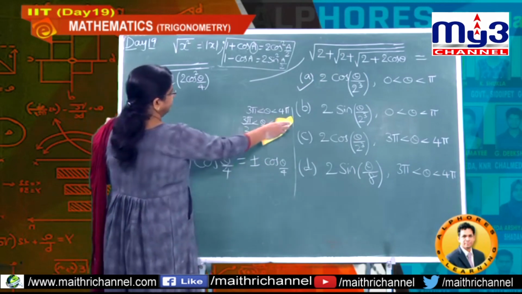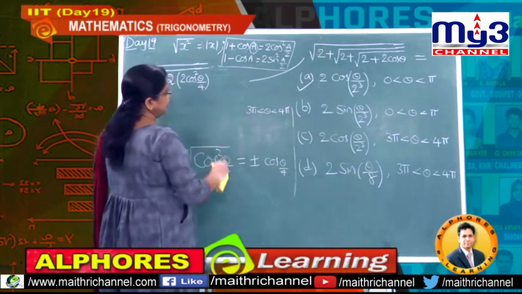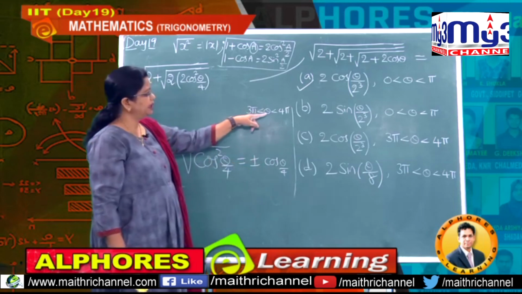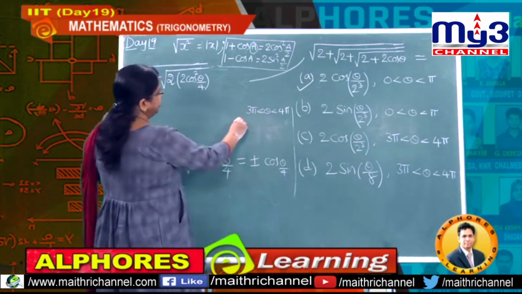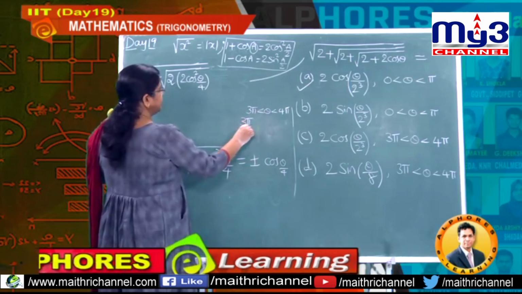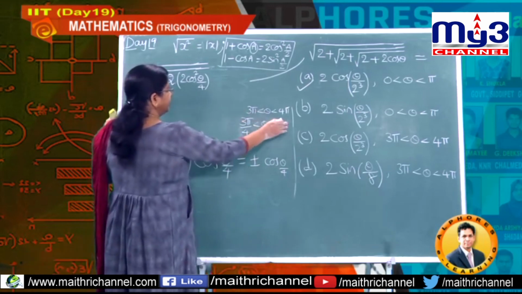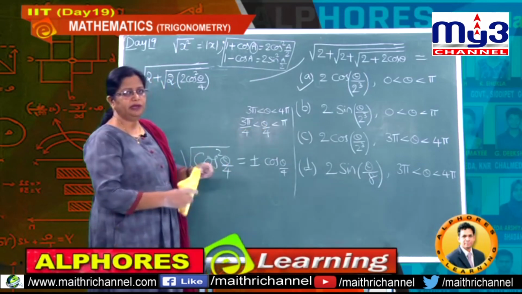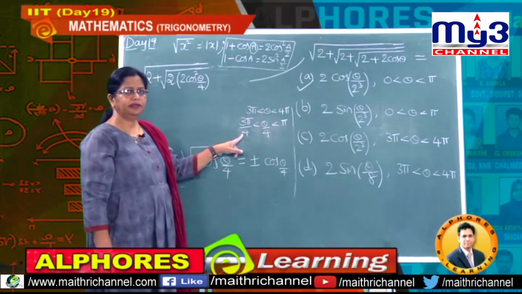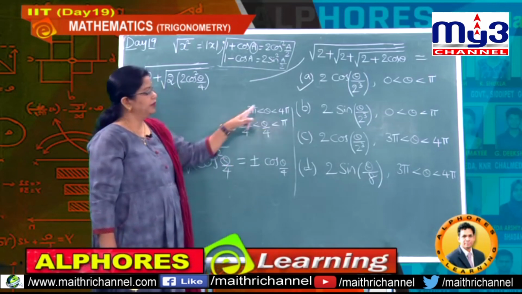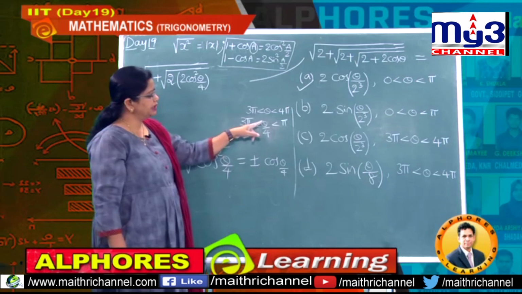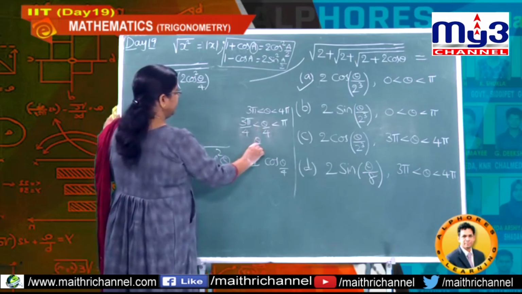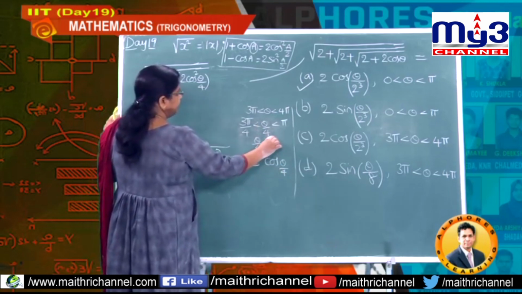Now 3 pi is less than theta less than 4 pi, our requirement is theta by 4. So let us divide here by 4. Then it is 3 pi by 4 less than theta by 4 less than how much, it is pi, okay. Now theta by 4 belongs to which quadrant students? 135 to 180 degrees. 135 to 180 means it belongs to the second quadrant, and in the second quadrant what about the cosine value?